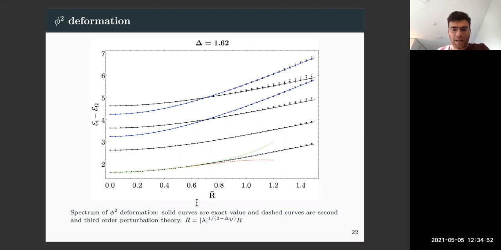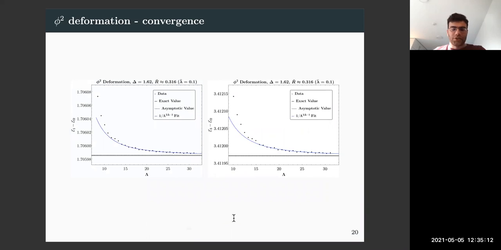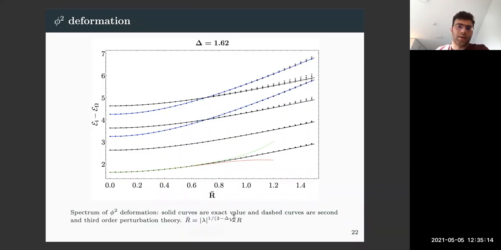Here R bar is defined here. It's just a dimensionless coupling that is proportional to the radius of AdS. So that shows that this is the test of the prescription. If you use another, for example naive, prescription, they will be off, and the convergence will not even converge here. So that was the test.